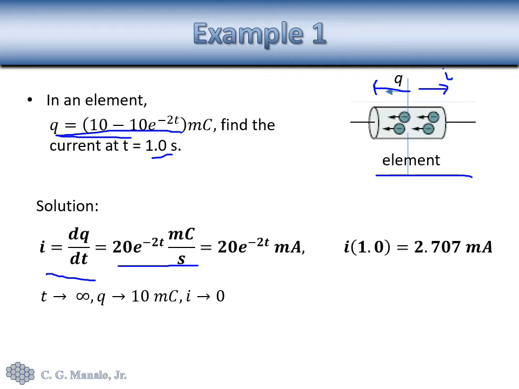It's 20 e to the minus 2t millicoulombs per second. So we get this final value for the current. Now take note that if we graph q, it would look like this.